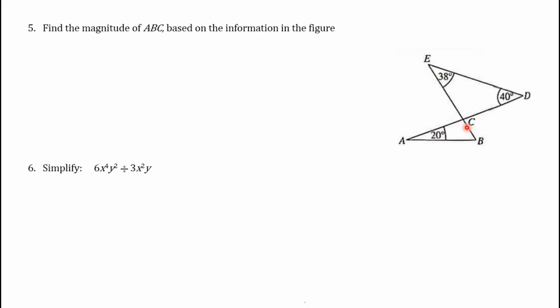So when we implement the geometrical theorem of vertical opposite angles, these two angles will be equal because they are vertically opposite. They are intersected with two straight lines, this line of AD and EB. So that means this ECD will be equal to ACB.